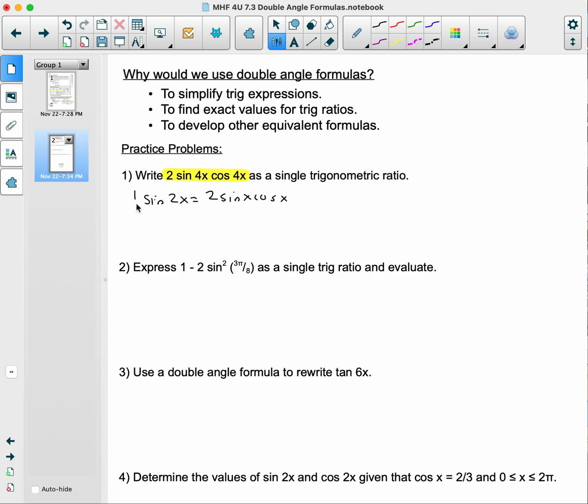So that's the identity that it resembles in structure. So what I need to do is take what's on this side and write it this way. Okay, so 2 sine 4x cos 4x would be equal to the sine of 2 times 4x, or the sine of 8x.